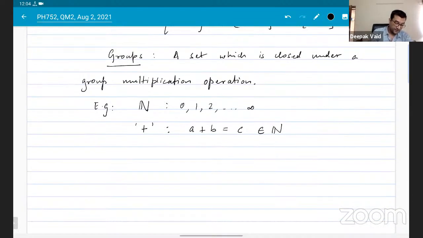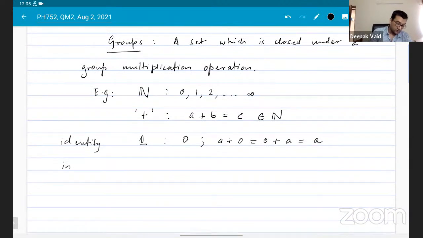Right? Then there is something called the identity element. Every group has to have an identity element. In this case, our identity element is just the number 0. So if you take 0 and multiply it, multiply meaning the group multiplication, not ordinary multiplication, you get the same number back. Now, a group also needs to have an operation which is called an inverse.